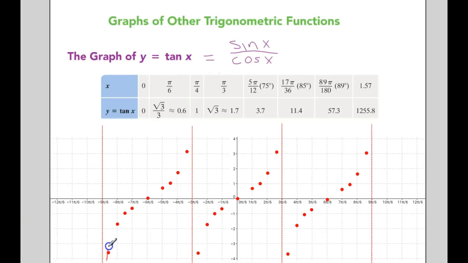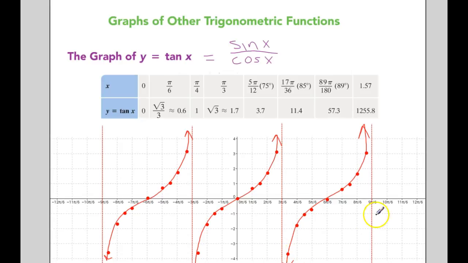These look very much like cubics, like the graph y equals x cubed. But again, they're not, because they have these vertical asymptotes that the cubic function does not have. They have that same look to them because they are odd. The tangent function is an odd function, just like y equals x cubed is.